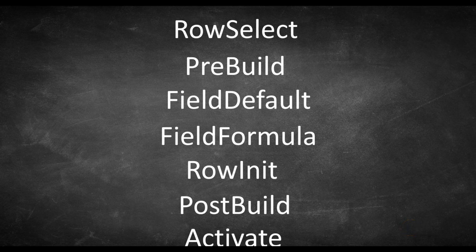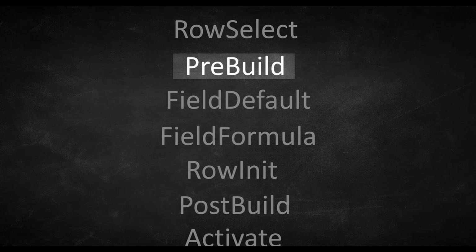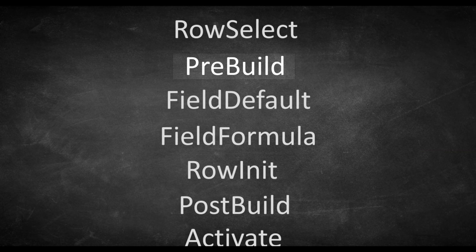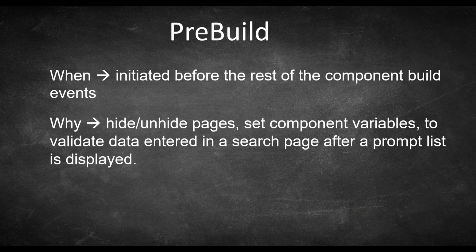In this case, based upon the nature of the requirement, we can use the PreBuild PeopleCode event. Let's understand how this event works, when it is fired, and why it can be used for our requirement. The PreBuild event is initiated before the rest of the component build events execute.